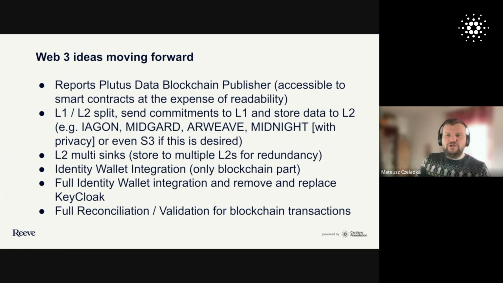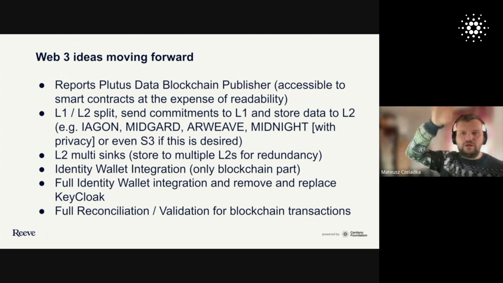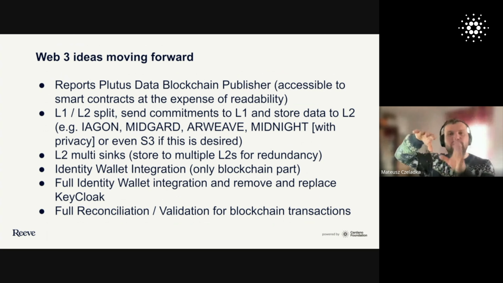Because of the communication that is established between the Reeve, not the ERP system, and the edge device, a mobile device. So definitely a lot of cool ideas related to that. And we're certainly not married to Keycloak. It's a very great technology, but it's not Web 2 native.